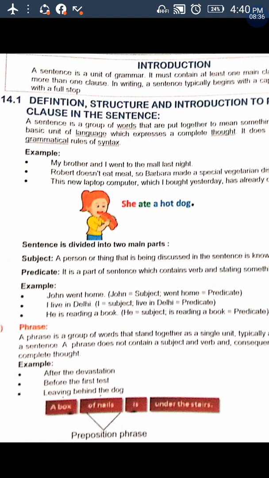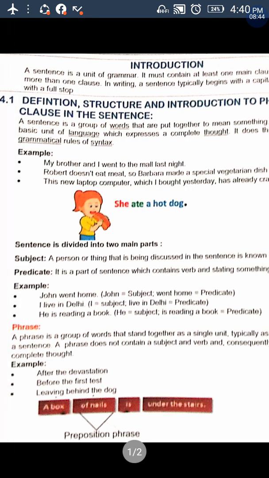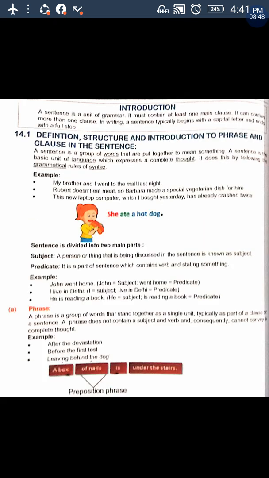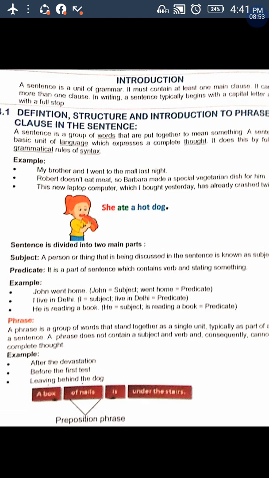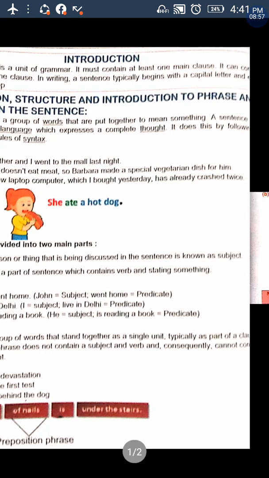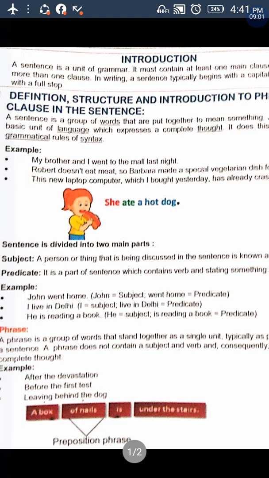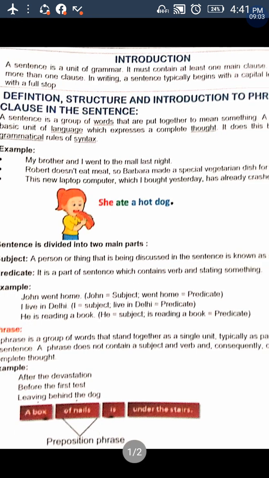A predicate is that part of a sentence which contains a verb and states something about the subject. Understood, children? So what is a subject? A person or thing that is being discussed in the sentence is the subject. And what is a predicate? It is a part of a sentence which contains a verb and states something about the subject.